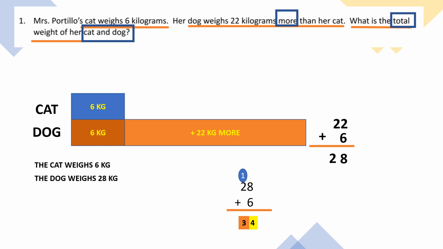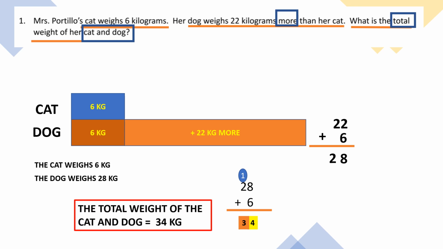So 28 plus 6 is 34, which means the total weight of the cat and the dog is 34 kilograms. Now, you may want to go ahead and pause the video so that you can write everything down, or just to check your work.